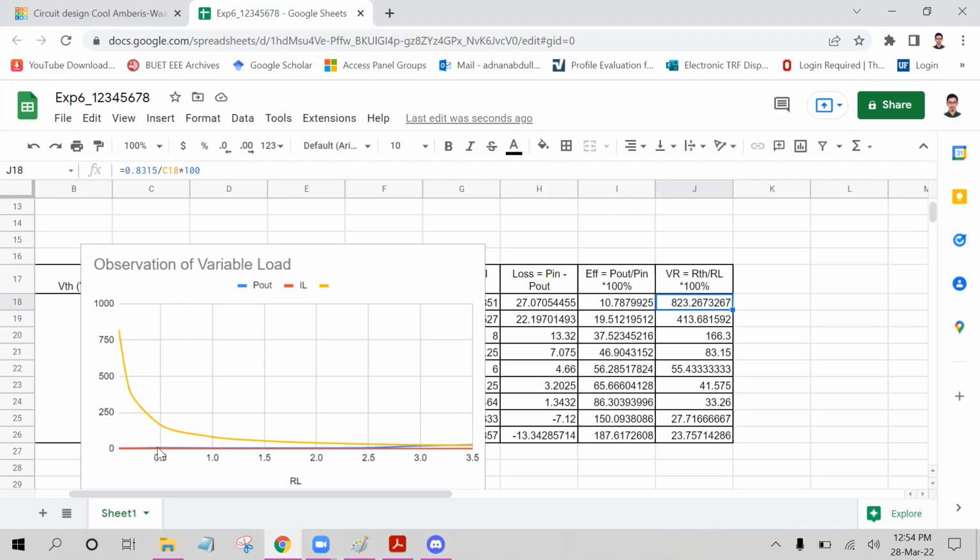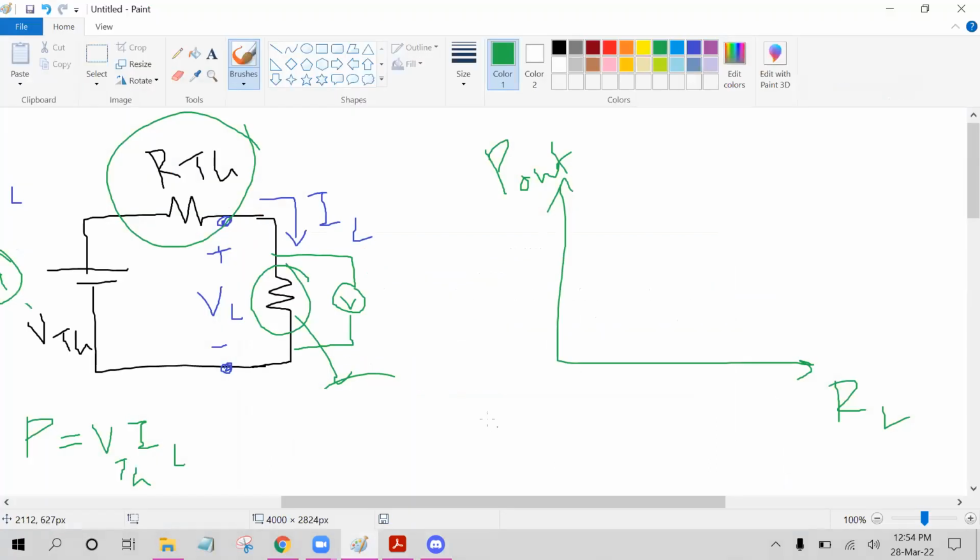I mean, can we understand the shape of the graphs? For example, I told you earlier that the output power graph should be like this. Now, if there are some large values for which the output shows like this, this is not going to be visually pleasant. So please make sure to plot the graphs accordingly.